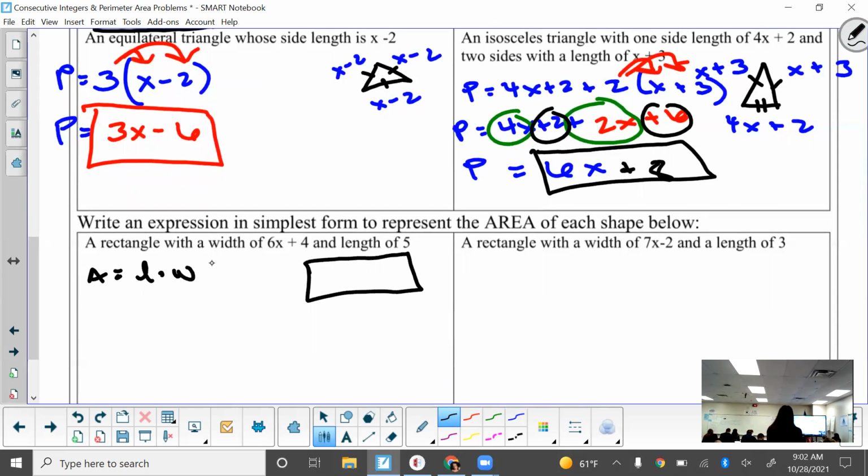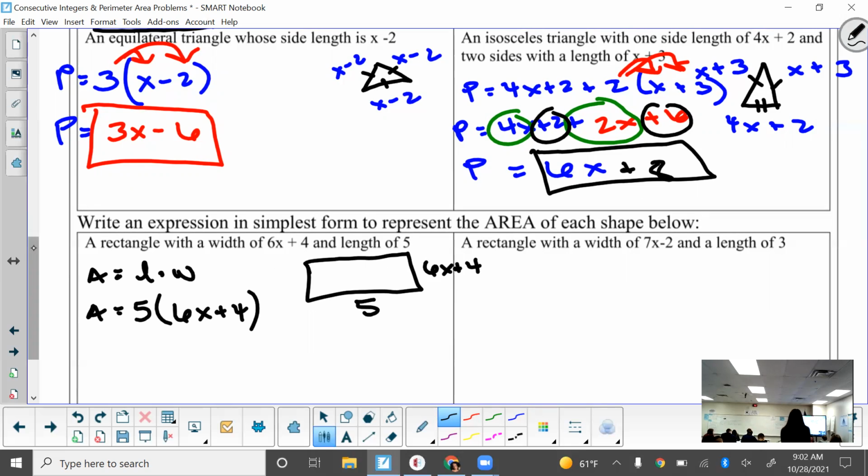But I might not need to on this one because it does tell me the length and the width. But either way, the width is 6x plus 4, and the length is 5. So plug that in. Length is 5, width is 6x plus 4. Questions there?